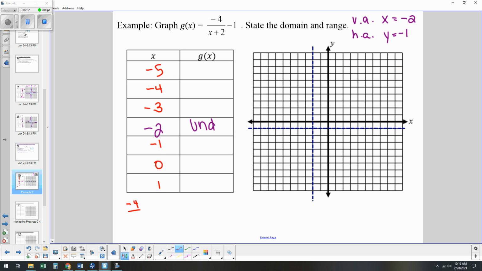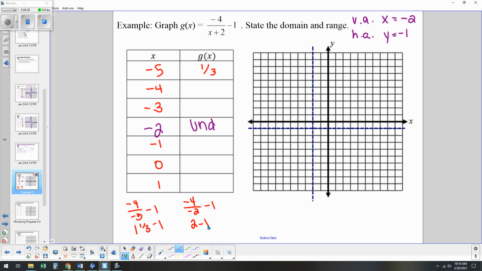It might help to show some of this work. So we have negative 4 over negative 5 plus 2, is negative 3, minus 1. So that's 1 and a third minus 1. We get 1/3. Then we'll plug in negative 4. So that's negative 4 over negative 4 plus 2, is negative 2, minus 1.